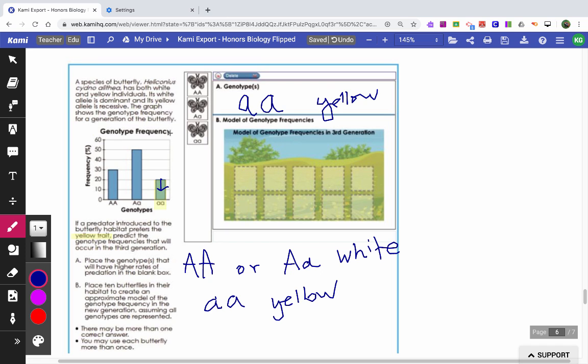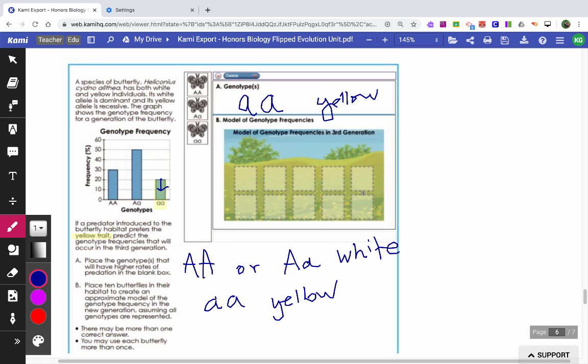And by percentage, then these would have to go up, right? But there's a little caveat here. It tells you assume all genotypes are represented. So you might make a prediction that, depending on how much of that predator is there and how much it decides to eat, this might go down to 0.